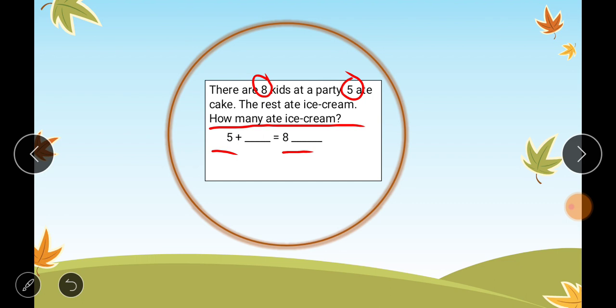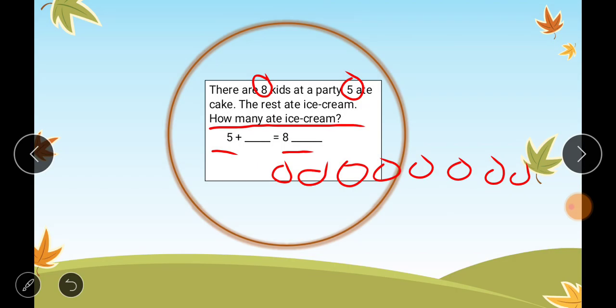Remember, when you want to draw circles, you draw circles for the sum, for the whole number. So let's do that. 1, 2, 3, 4, 5, 6, 7, 8. 8 circles.